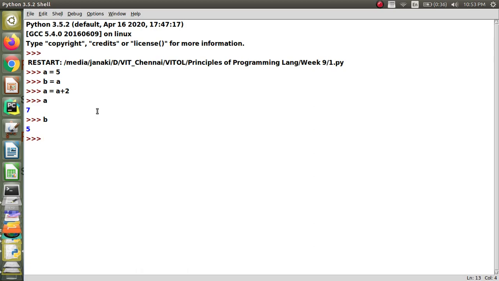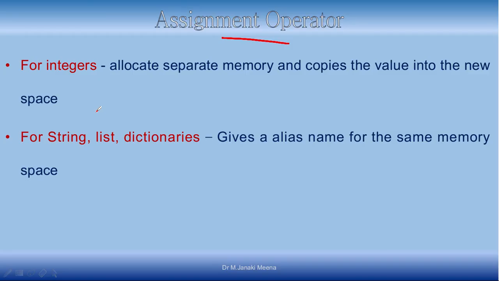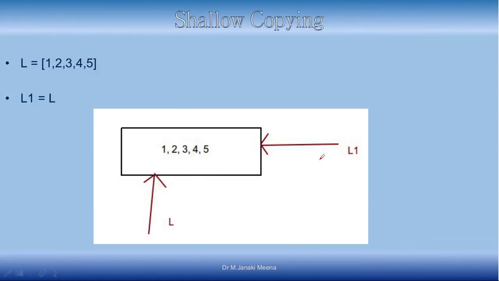But when you have a list or a dictionary or a string, it is just going to give an alias name for the same memory. When I say L equal to a list, and then in the next line L1 equal to L, in that case it will use the same memory.